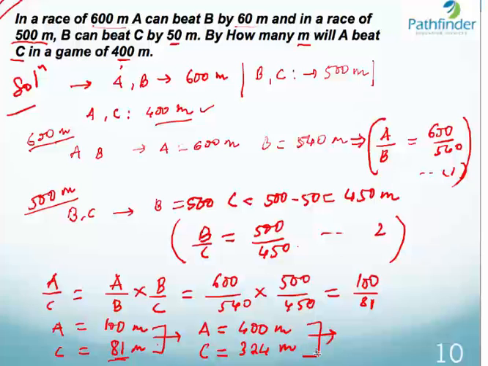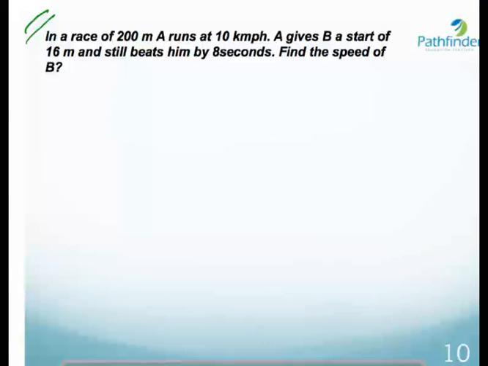And by what meters will A beat C? 400 minus 324, that is by 76 meters. So we can identify that in a race between A and C of 400 meters, A will beat C by 76 meters.